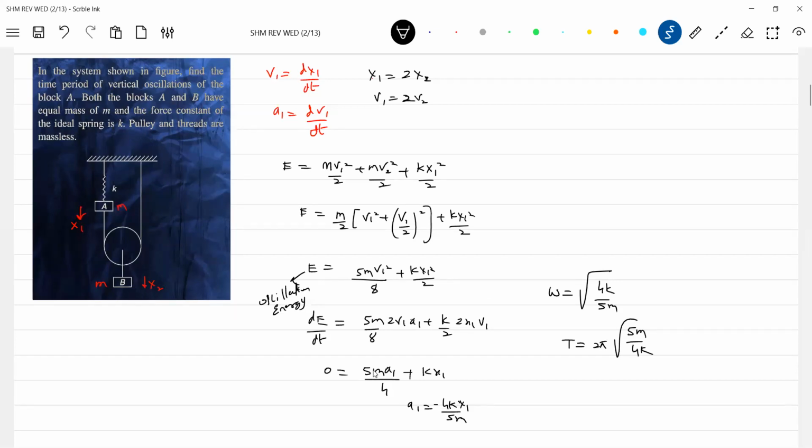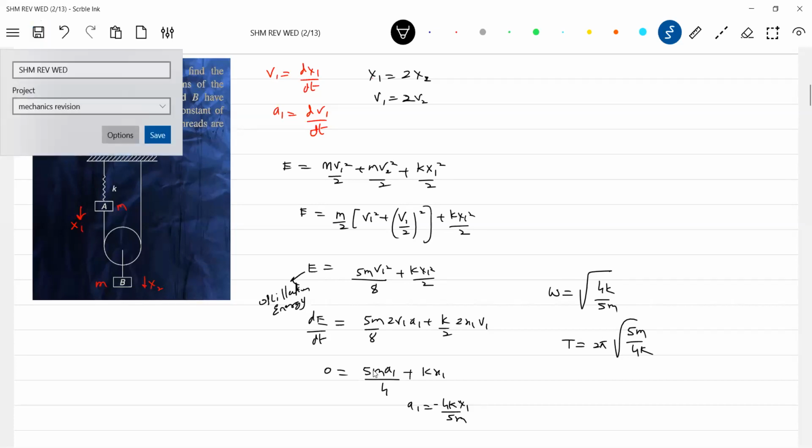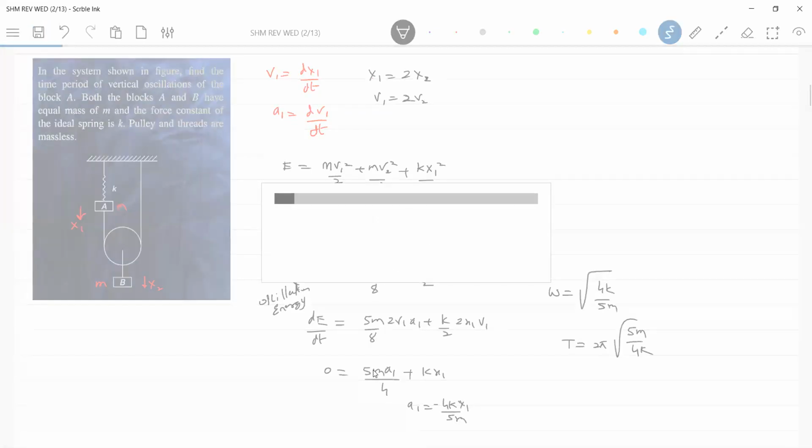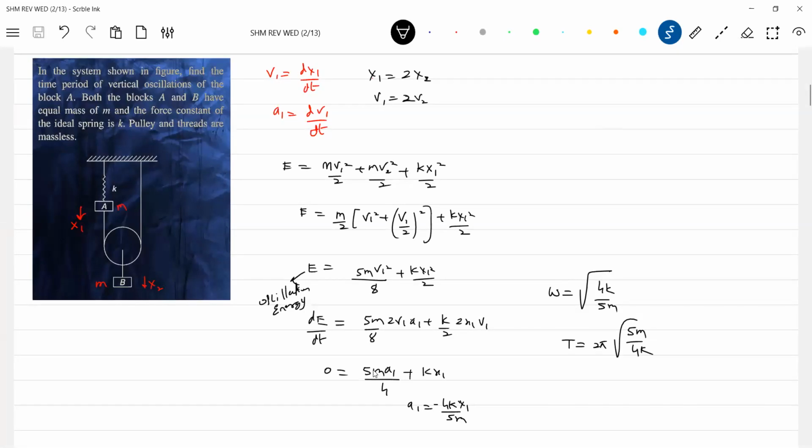Okay, this you can solve by force method also. That will be a little bit lengthier. Initial spring force and all. Energy method will be much easier. Usually we have done most of the problems where there is only one block.